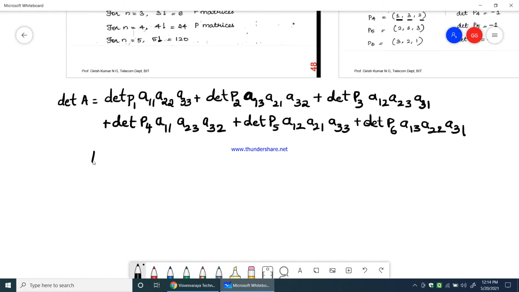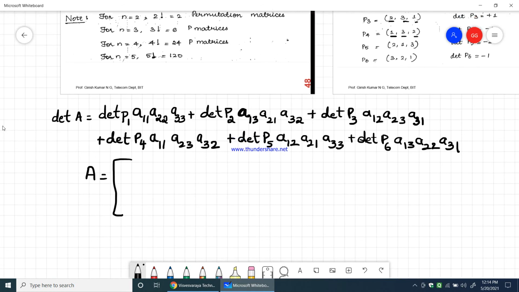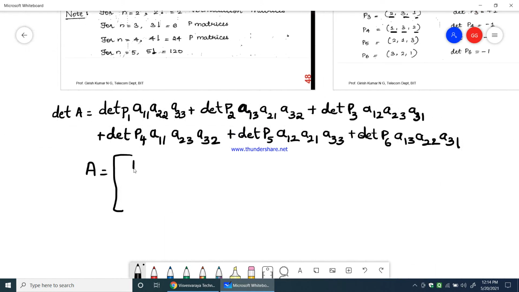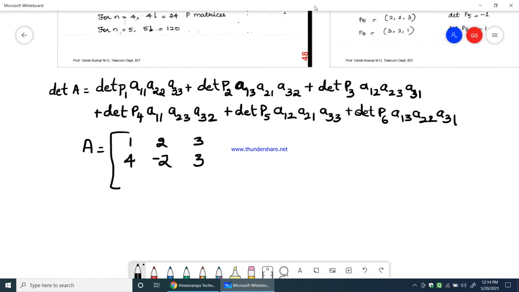So let us write that matrix A here. So what is that matrix A? It is 1 2 3 4 minus 2 3, and then we have 2 5 minus 1. So here now the position of the elements will give the A11, A12 and all.